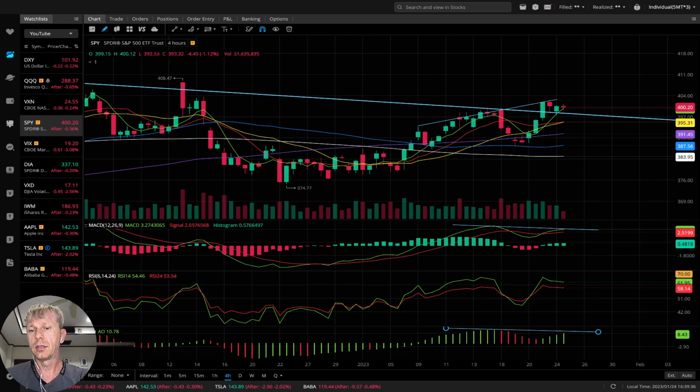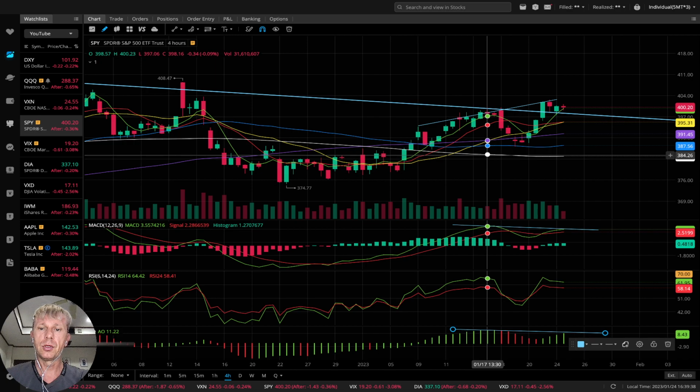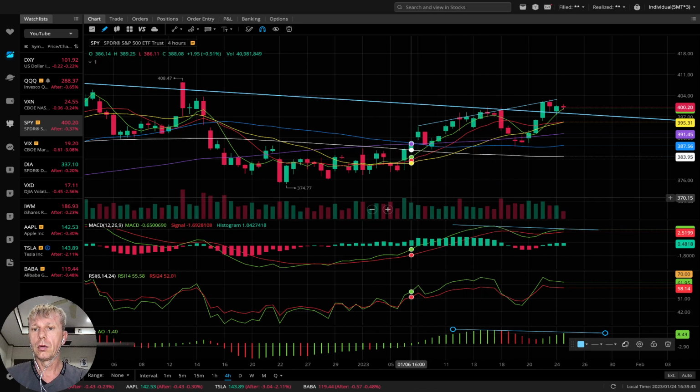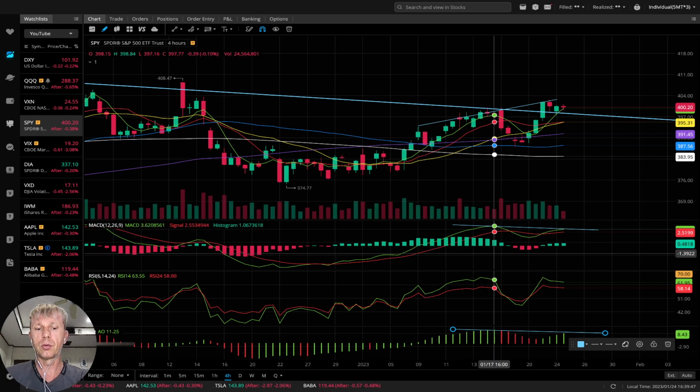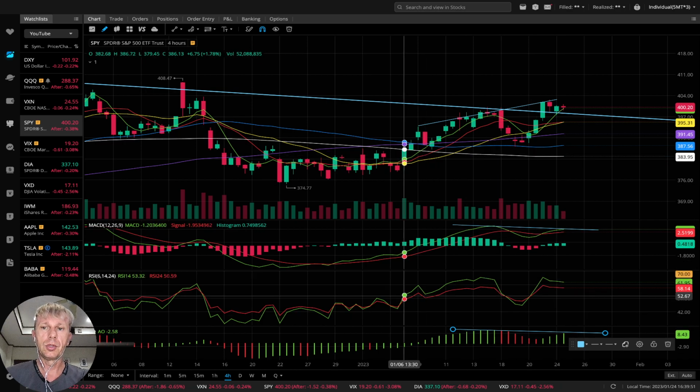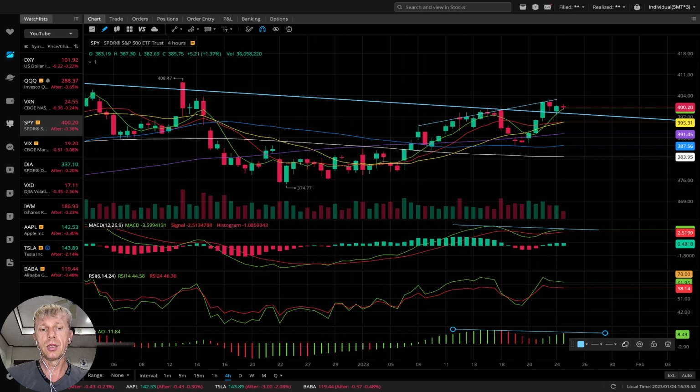Also oscillator downtrend. Bearish divergences on all indicators. SPY wants to change direction to bearish on 4 hours. Still bullish signal, no changes, but has bearish divergences.